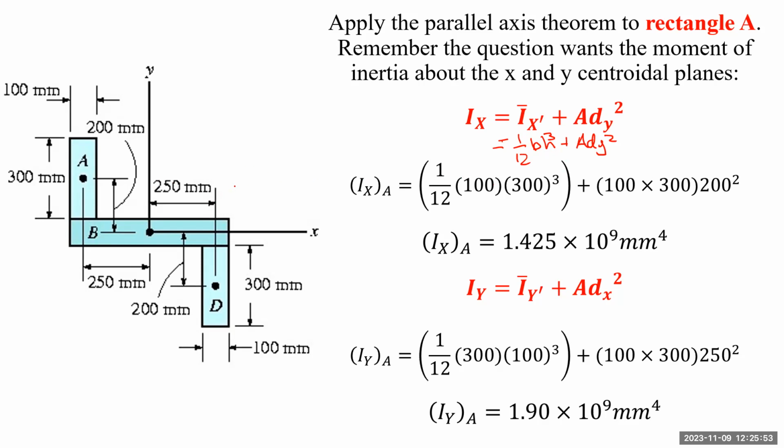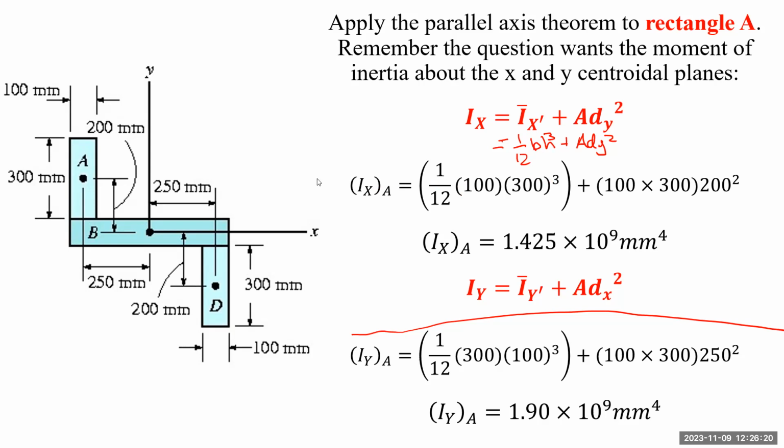All right, so let's look at A. With respect to the x-axis, and I'm not doing the y-axis now. I'm going to leave that out for now. Just go to the x first, and then I'll come back to the y. All right, so for A now, it would be what? 1 upon 12, because you're using the standard formula for a rectangle, times the breadth times the height.